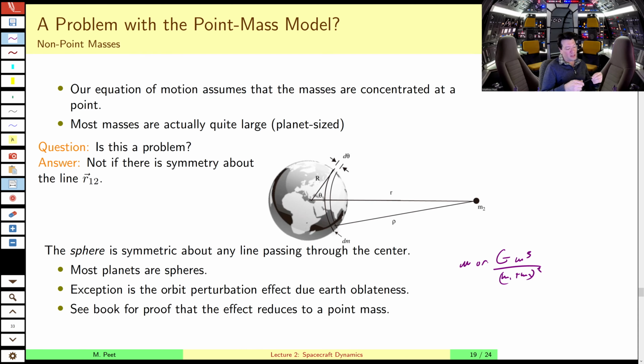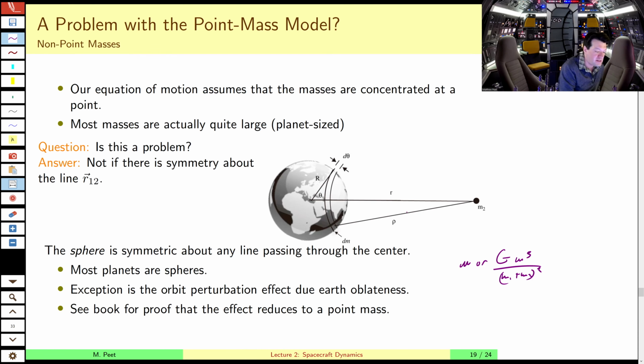But I'm going to leave that discussion mostly to the book, right? So Pressing and Conway has a detailed proof that you can ignore the non-point mass nature of planets, assuming that they're approximately spherical. So I'll just go briefly through the reasoning behind it, how it works.